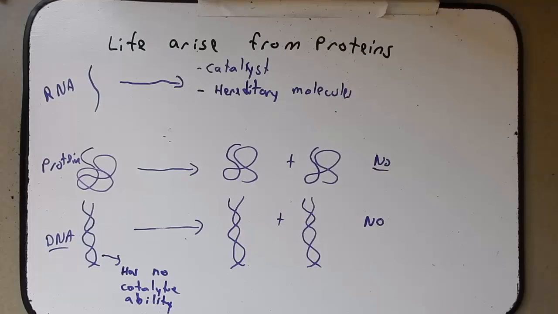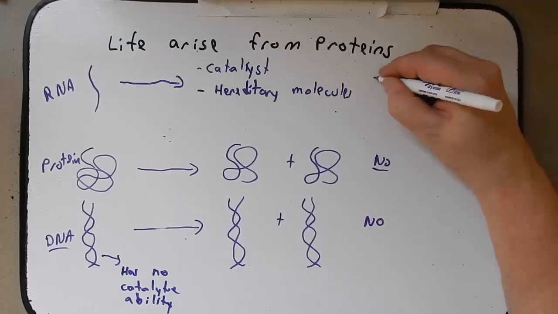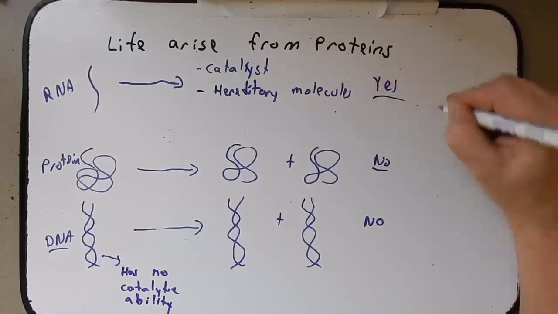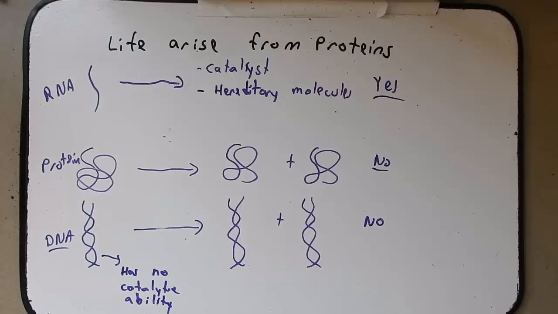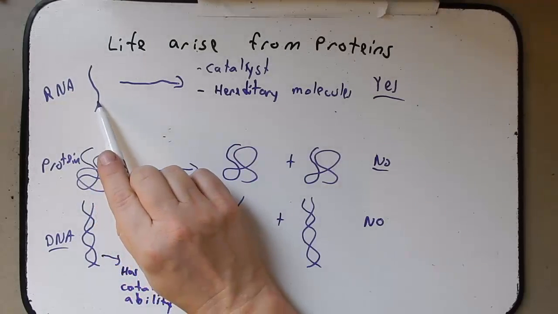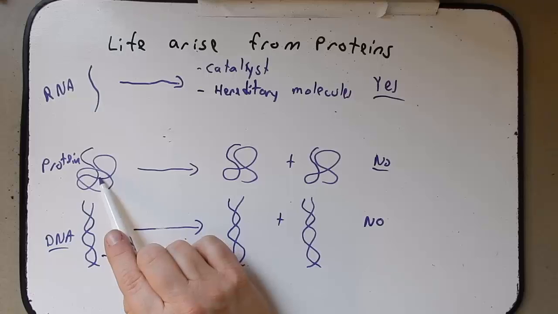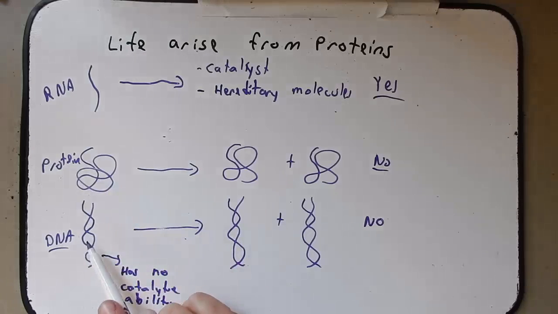Though we don't know for sure, it does seem like the RNA molecule is most likely the molecule that life arose from. And over the many millions of years, some of the functions of the RNA molecule have been replaced. Proteins are better catalysts. DNA is a better hereditary molecule. But RNA still plays many valuable functions in the cell.